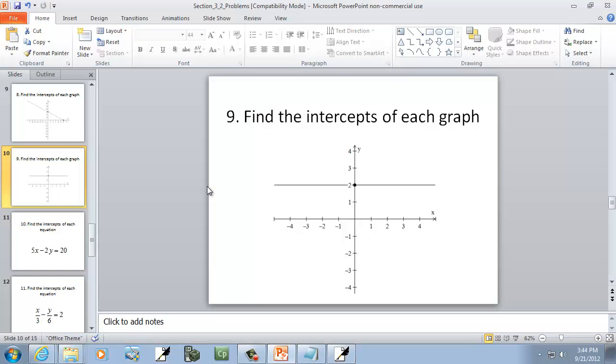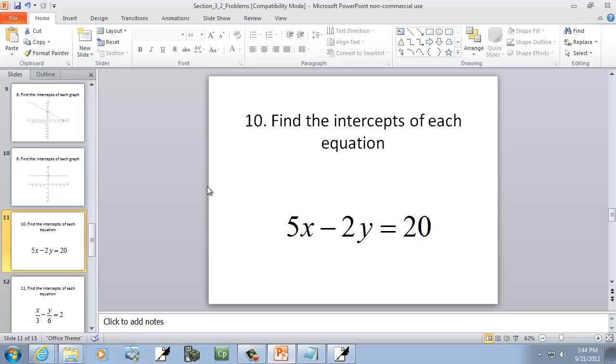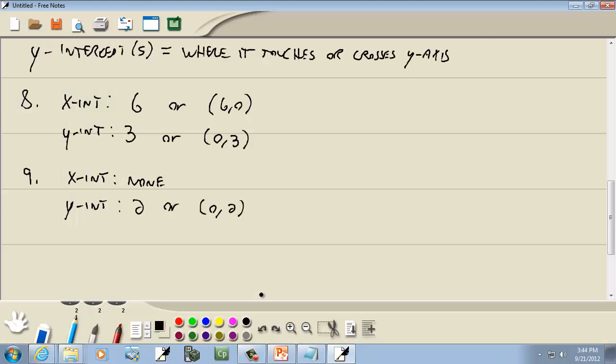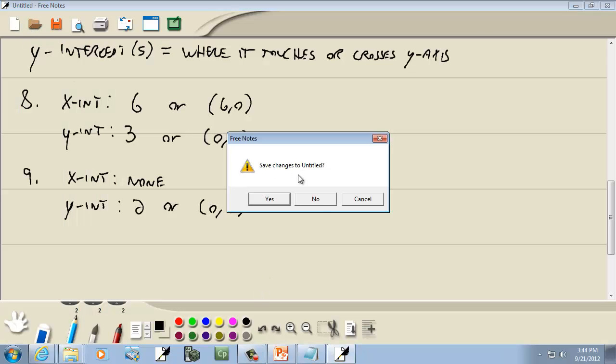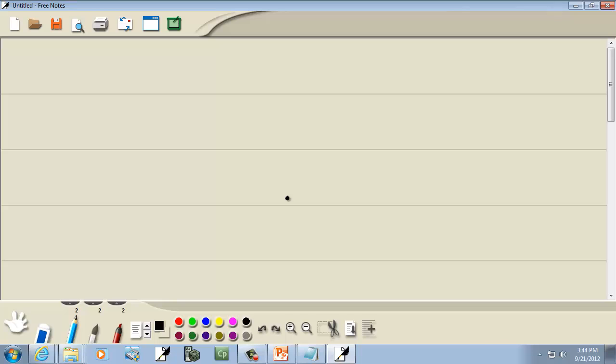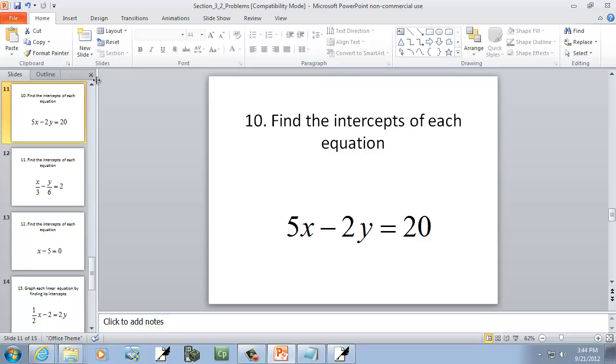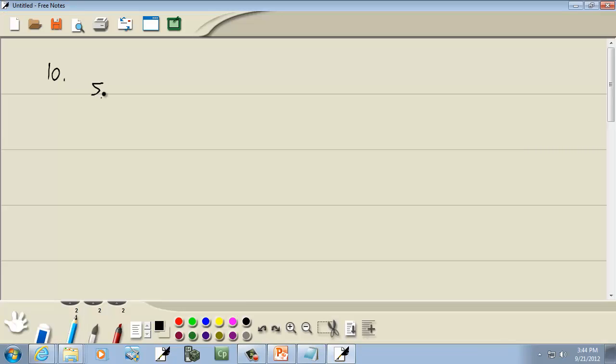Now that's graphically. Let's take a look at how to do it algebraically. Let me start a new page here. There we go. So we've got 5x minus 2y is equal to 20.